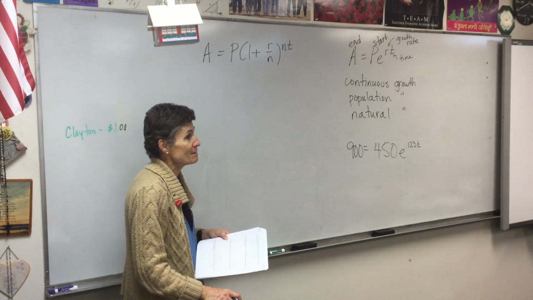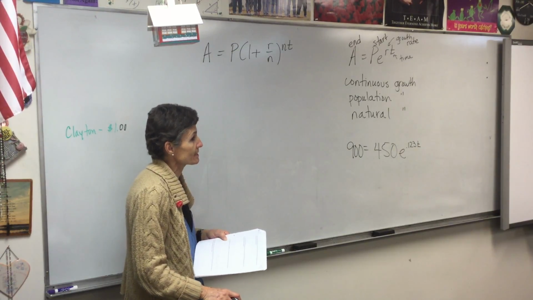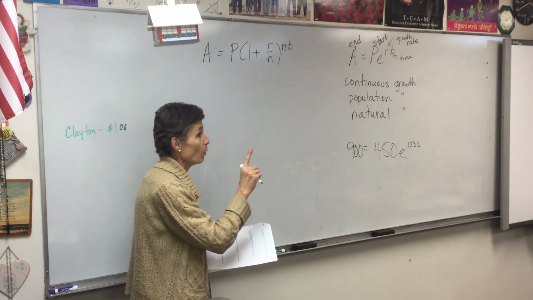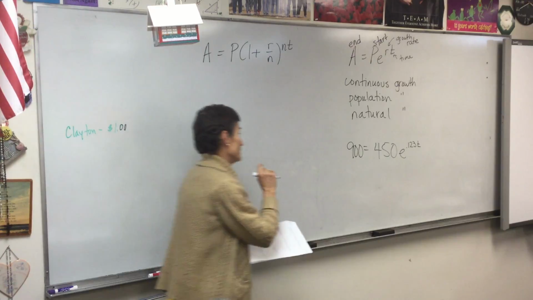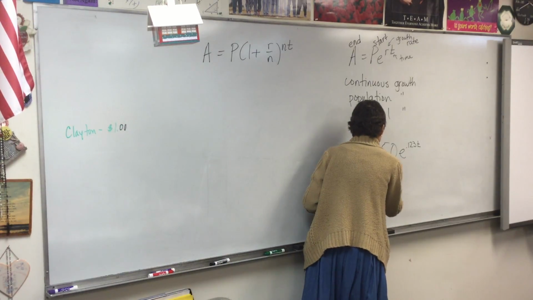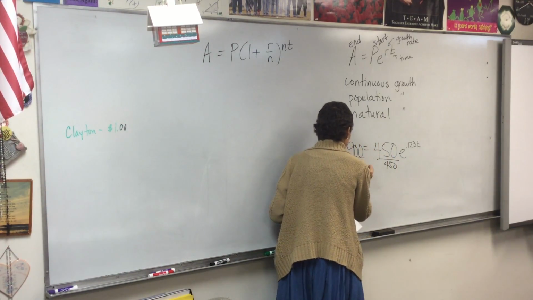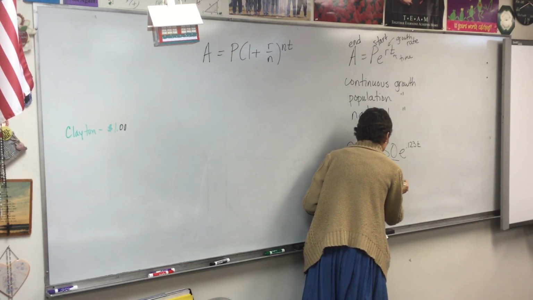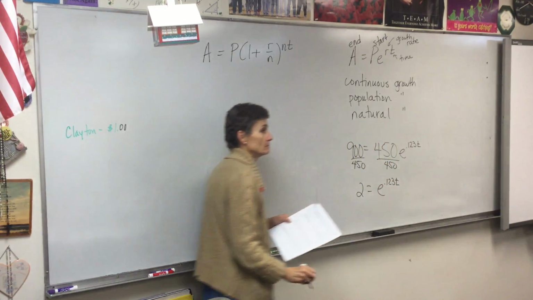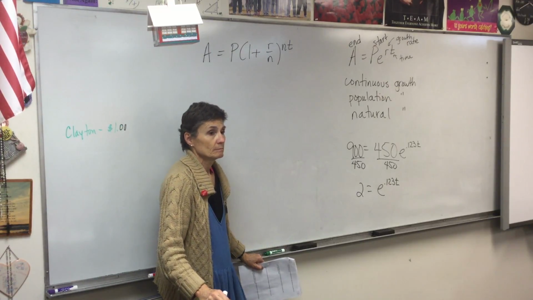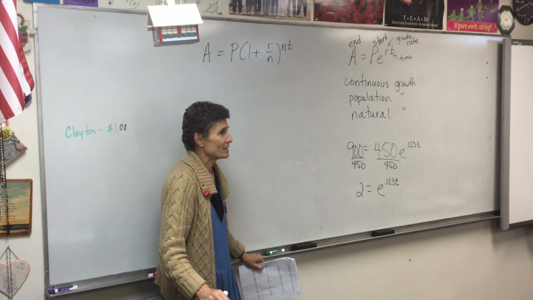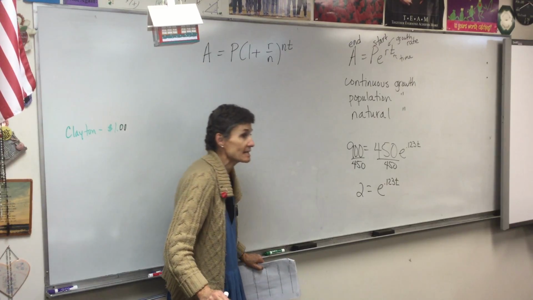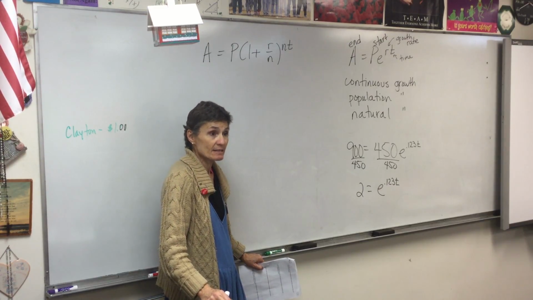All right, we saw some of these yesterday that look just like this. Anybody remember how to start? This is really important. Step 1, divide by 450. And what's going to happen when we divide by 450? 2 equals E to the 0.123t. Now what do I do? ln both sides. Since this has an E in it, let's ln it.